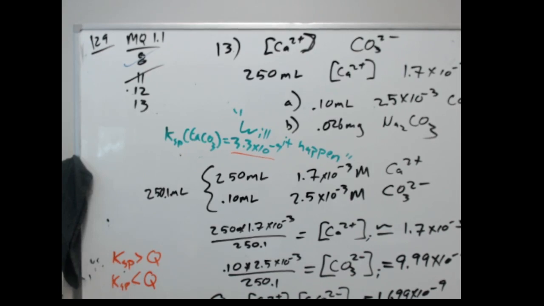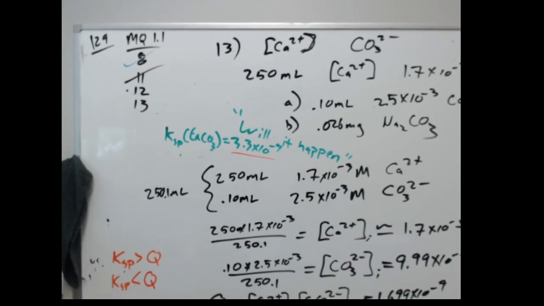The numerator is products. If Q is bigger than KSP, that means you have too many products compared to your equilibrium, so you have to get rid of products to get back to equilibrium. If your Q is less than your KSP, you don't have enough products, so you have to make more products in order to get to equilibrium.